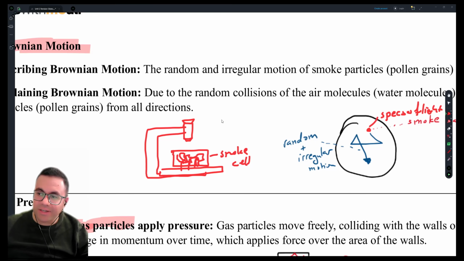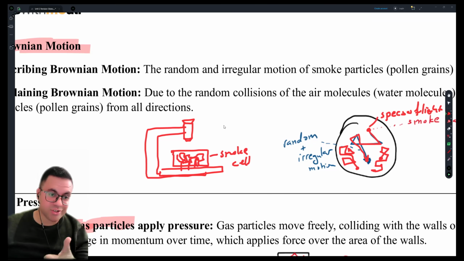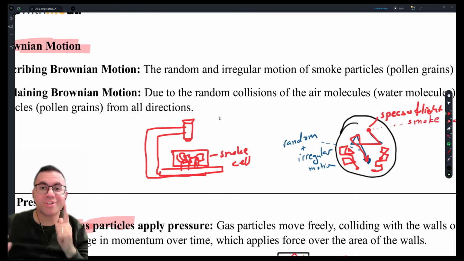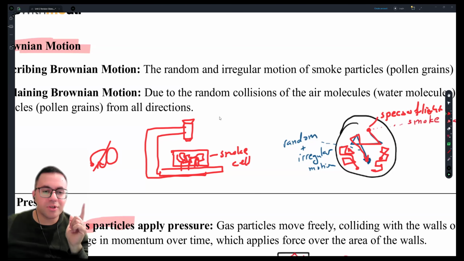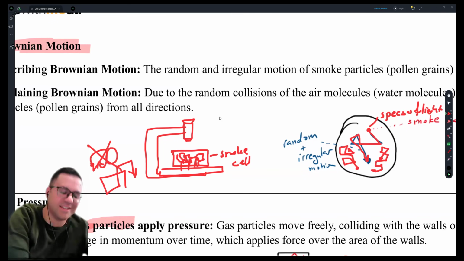And these specks of light will be moving around randomly and irregularly, or random and jerky, or random and zigzagged. The idea is, number one, it keeps changing direction randomly. And number two, when it changes direction, it's not smooth. That's what the term irregular or jerky means. It suddenly changes direction as if something hits it.